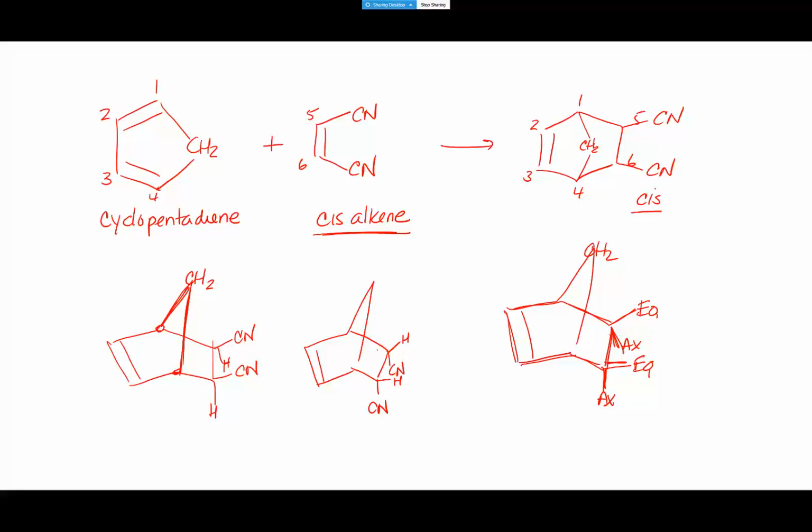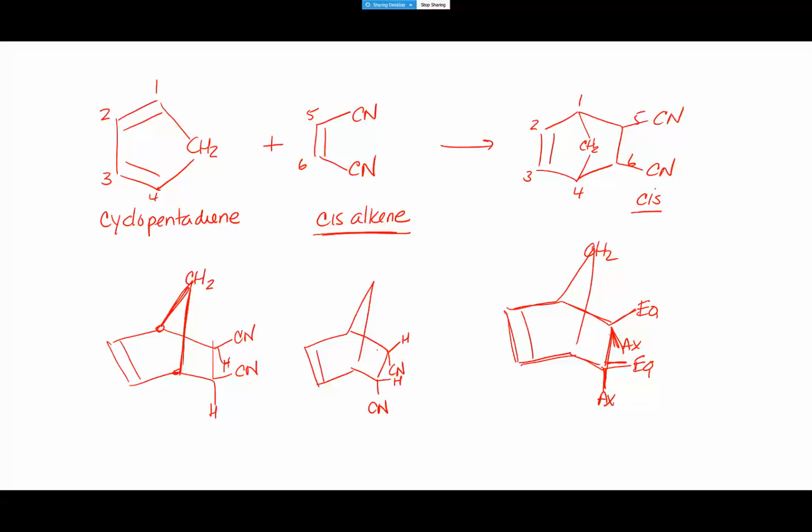So this position and this position are equatorial, and they are on the same side as that bridge. This position and this position are now axial, and they are on the opposite side of the bridge.